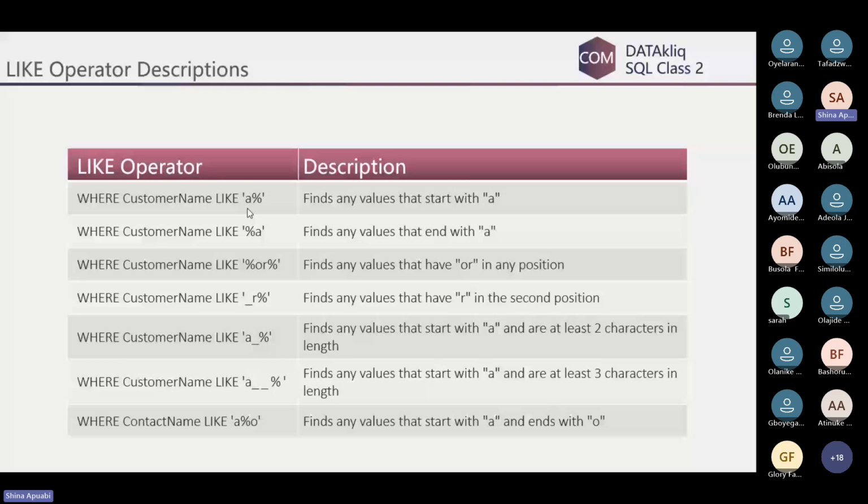So the first letter, and that means that you can even write, like, this is the email thing I was talking about. If I'm writing something that ends with, then I can say, okay, like percent at Microsoft.com.